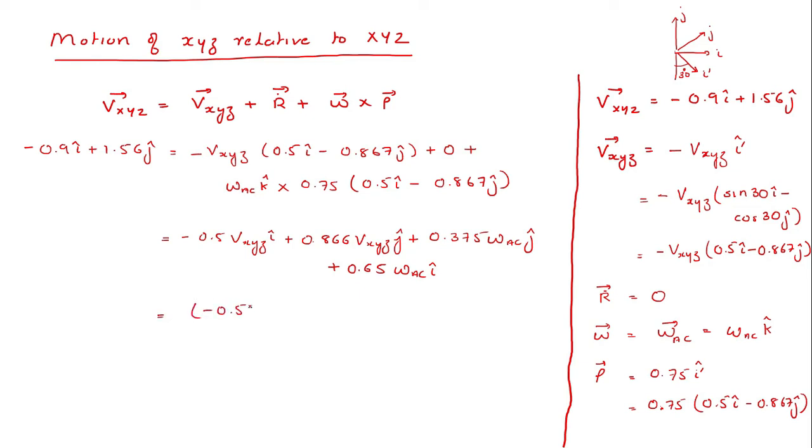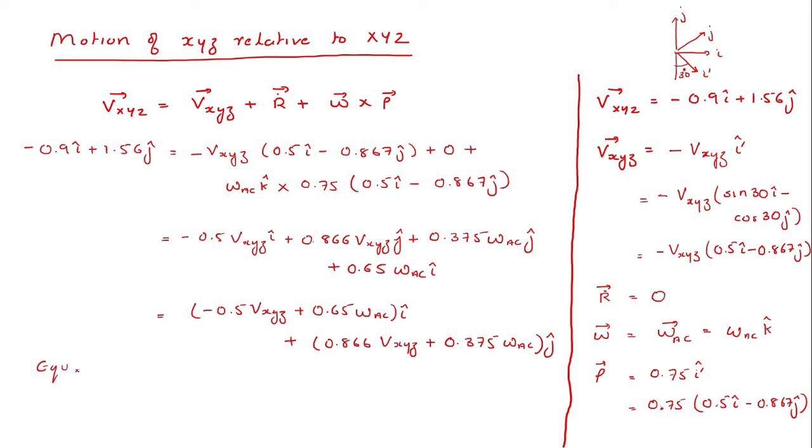minus 0.5 Vxyz plus 0.65 omega AC into i cap plus 0.866 Vxyz plus 0.375 omega AC into j cap.